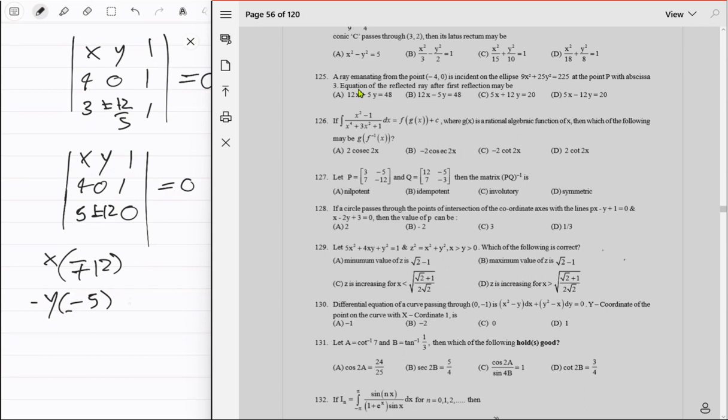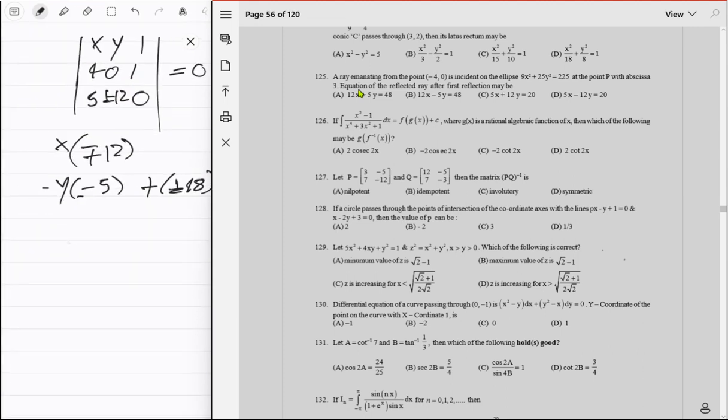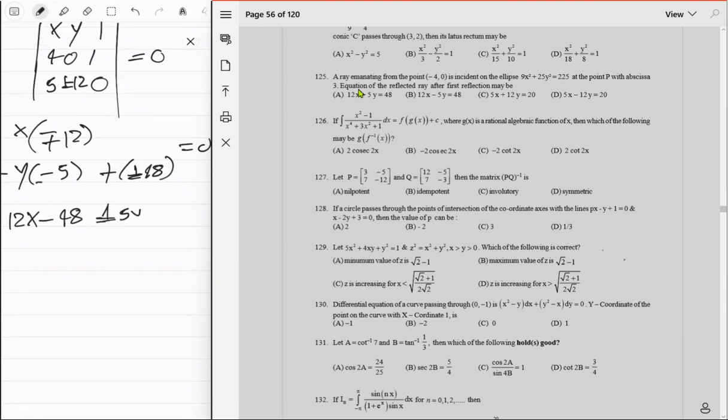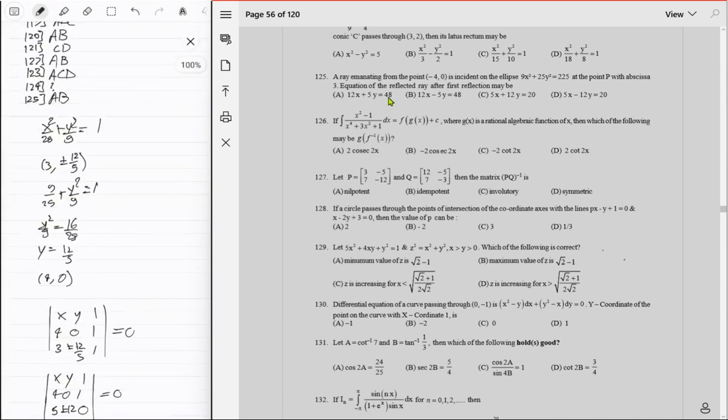For this we can just have plus minus 48, equal to 0. So it's 12x minus 48 and plus minus 5y equal to 0. So minus 48, yes, a and b. Next question.